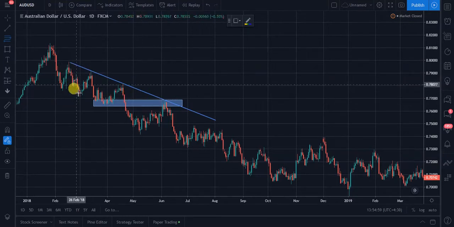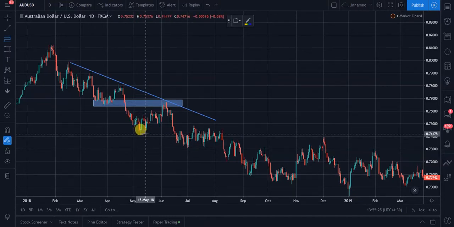For example, we have some highs where the chart touches our trend line. So this is the downtrend, and also we have some lows that are there. So new lows are below previous lows. So in a bearish market, we are going to sell trades.